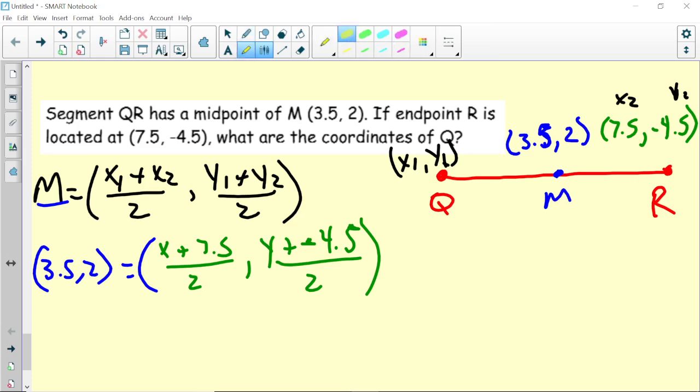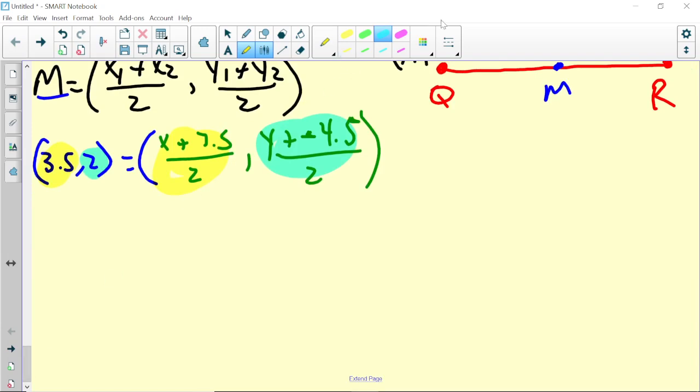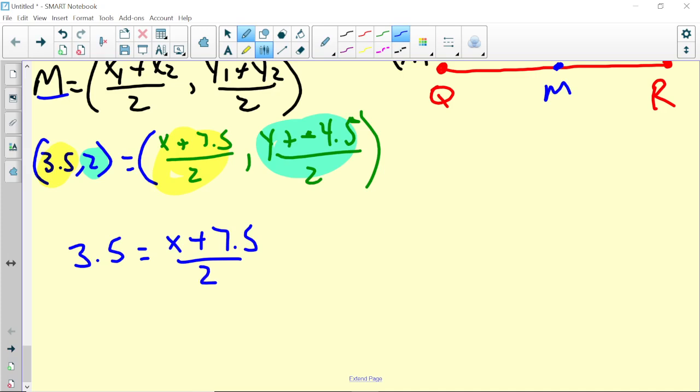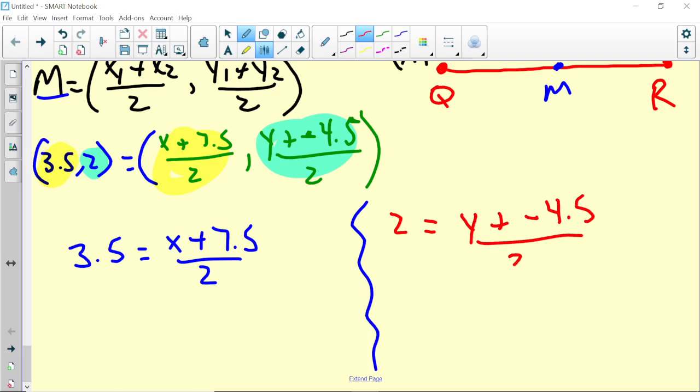Okay, so again, I got to match up my x value with my x values, y value with my y values. Okay, so 3.5 equals x plus 7.5 over 2. And then we've got 2, my y value, equals y plus negative 4.5 over 2.